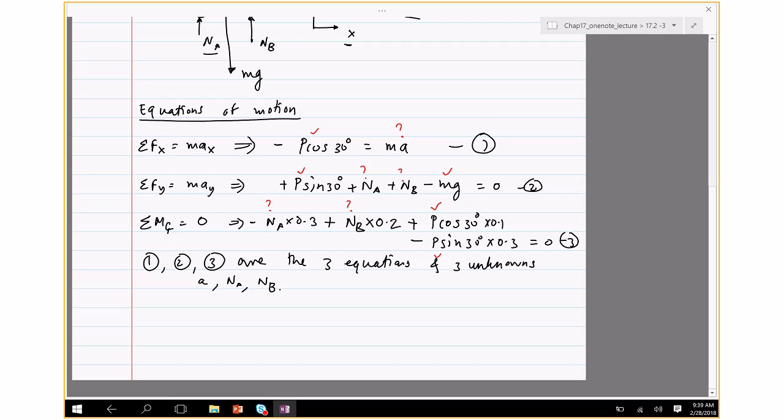Essentially you can use the first equation to solve for A, because everything is known except A, and then you can use these equations and solve for NA and NB. You can sub in the value of A over there.